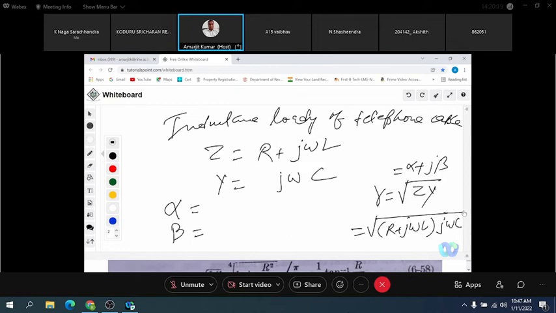Omega square. Why didn't you calculate? Yes, too fast. On the whiteboard, why am I writing when you will not do anything? For me also it will be easy. If I am doing it on the whiteboard, then you also cooperate.